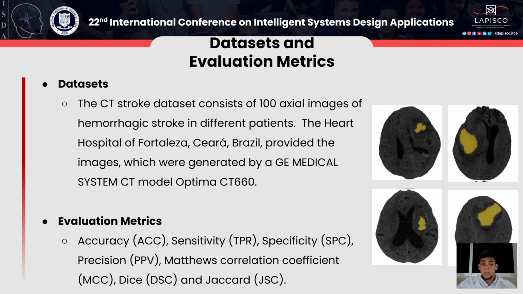Dataset: we use CT images, about 100 axial images of hemorrhagic stroke in different patients.